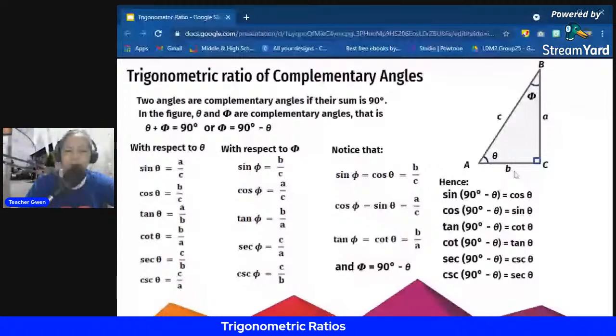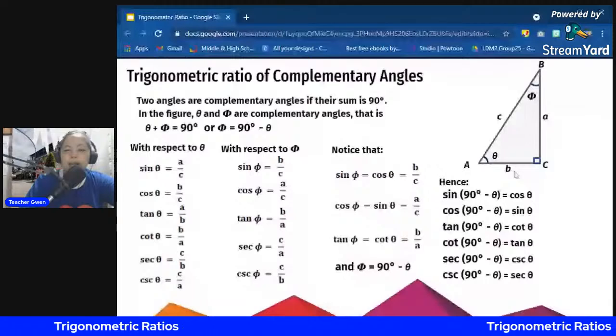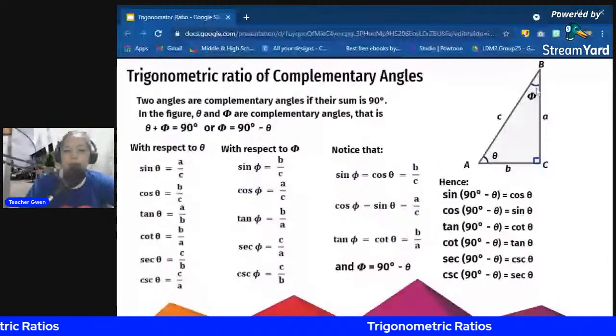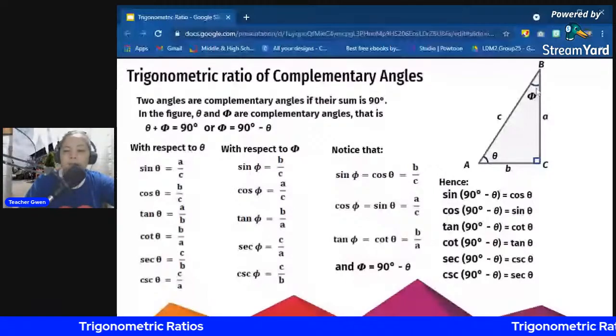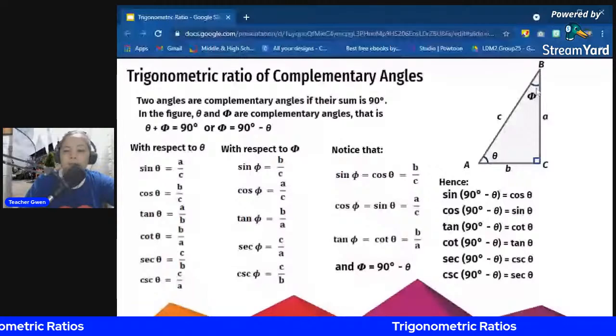Now, with respect to phi. Sine phi is equal to opposite over hypotenuse, which is b over c. Then cosine phi: the adjacent is a, so a over c, adjacent over the hypotenuse. Then tangent phi is opposite over the adjacent, which is b over a.